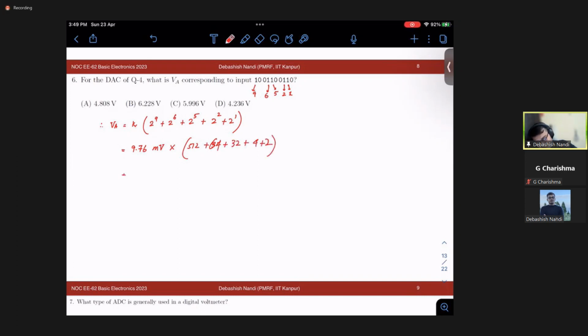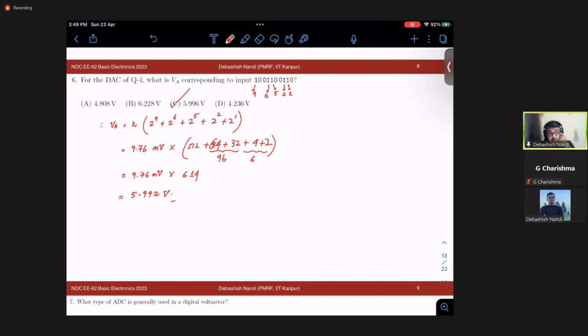Okay, so this you will have this into 614, because 64 plus 32 would be 96, this is your 6, so 102, so it will be 614, right? So the value would be 5.992 volt. Okay, if you just compute it, the value would come out to be this. So your output will be C.